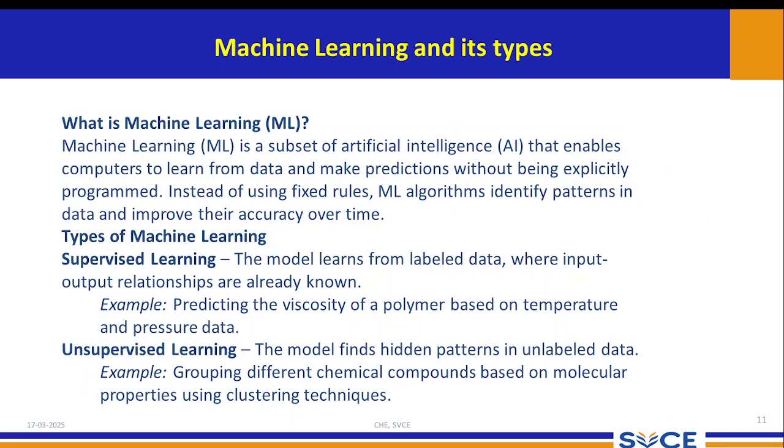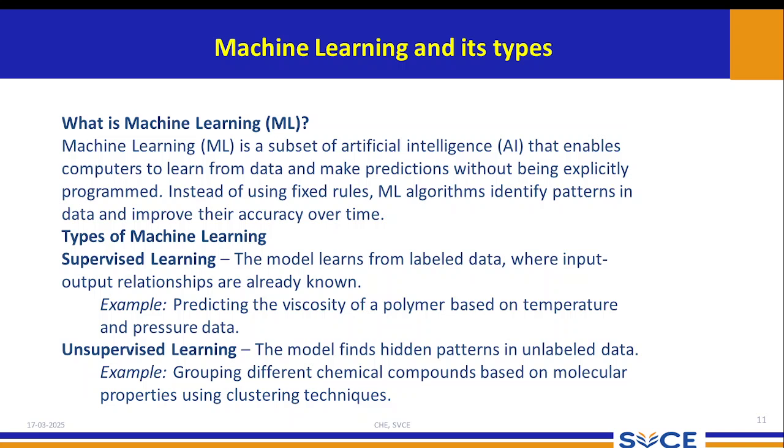Machine learning is a subset of artificial intelligence that enables computers to learn from the data and make predictions without being explicitly programmed. The system will analyze how the response changes when a variable changes. Without you giving a modeling equation, the system itself will understand from the data. Explicitly programmed means with the model.